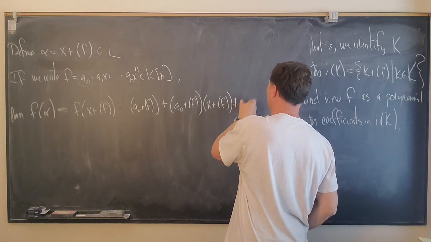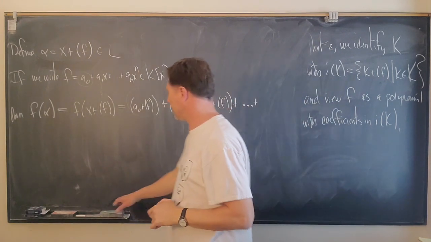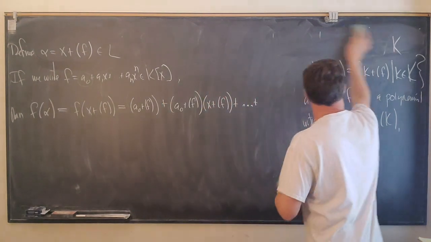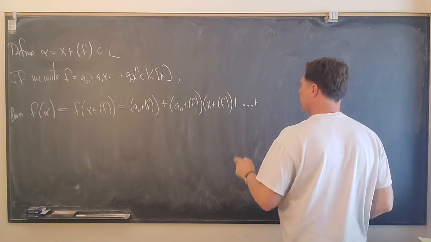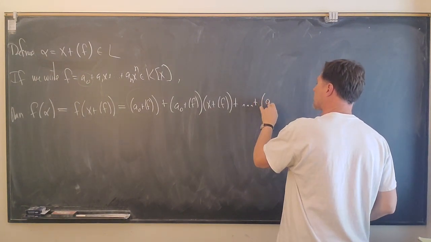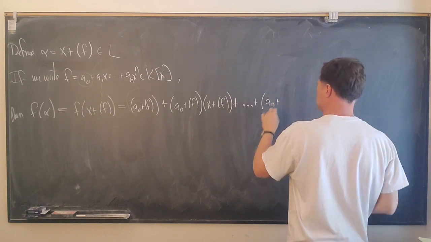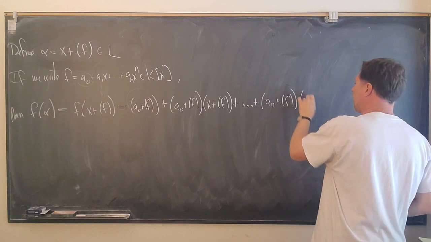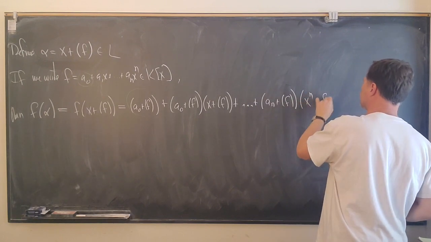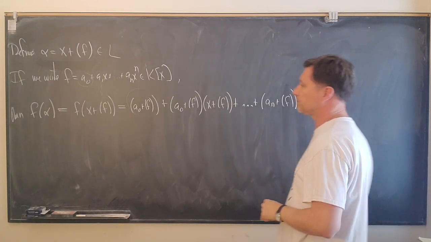Plus dot dot dot, and you go all the way down to a sub n plus the ideal generated by f times x to the n plus the ideal generated by f.